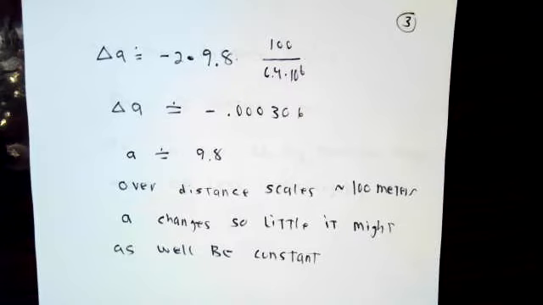Over a vertical range of about 100 meters, the acceleration due to gravity decreases by about 0.0003 meters per second squared. And remembering that the acceleration itself is about 9.8 meters per second squared, that's practically nothing. On these kind of distance scales, the acceleration due to gravity changes so little that you might as well pretend that it's a constant value.